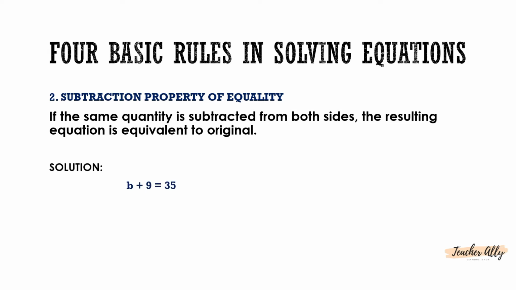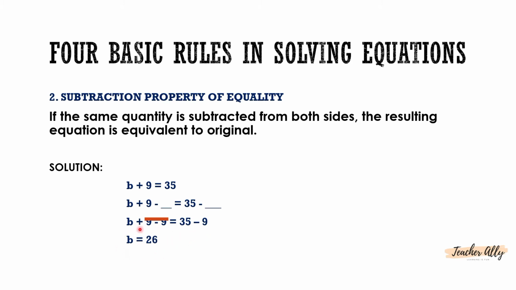Example, B plus 9 equals 35. So we will subtract 9 from both sides. 9 minus 9 equals 0, so we will cancel it. And then we will subtract 35 minus 9, which equals 26.